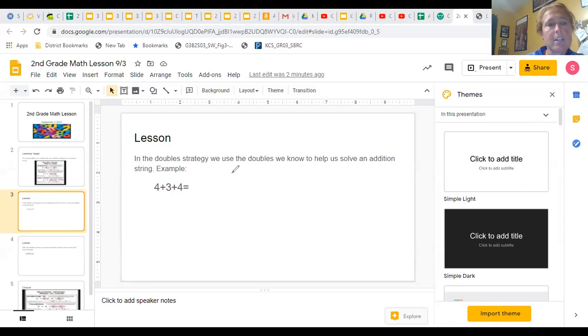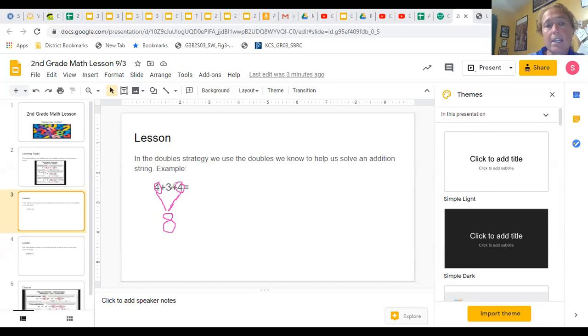Okay, so in the double strategy, we use the doubles we know to help us solve an equation string. So for example, we have 4 plus 4, which all of you have learned, and so that is 8. So that is much easier to add together first, because we know that 4 plus 4 is 8.